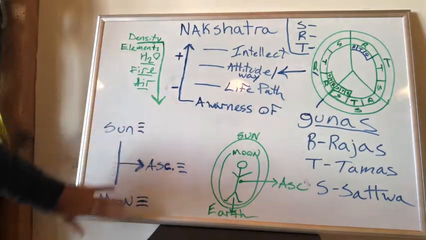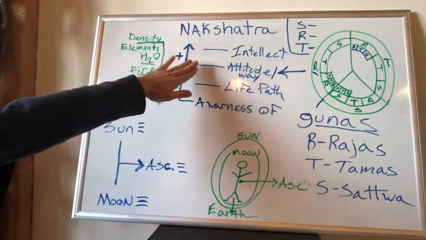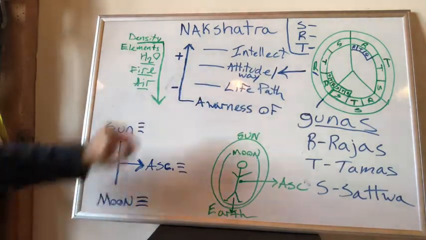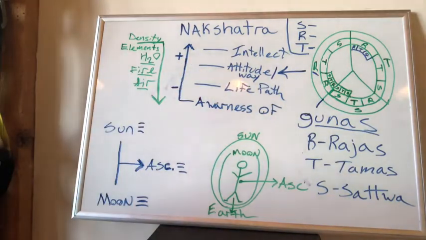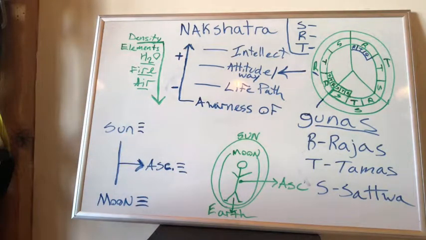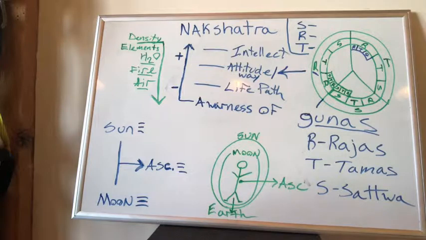Now, how this works is that the sun has a particular nakshatra, the ascendant has a particular nakshatra, and the moon has a particular nakshatra. So we can actually, again, using what I'll get to in a moment with Yogi Bhajan's book, get to looking at the sun, the moon, and the ascendant as each one of those having different qualities or attributes that we can actually work on.